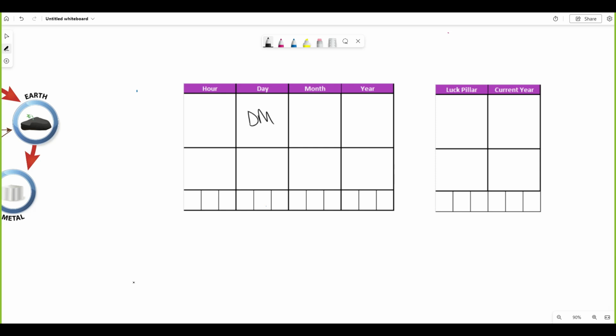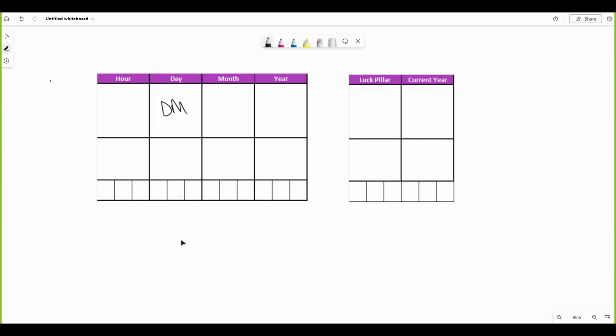For today's focus, of course, it will be on the direct resource: whether direct resource is protruded, whether direct resource is penetrated into the stems. Anything that is penetrated into the stems or protruded to the stems represents a very core feature of the day master, because this is what the public will see.